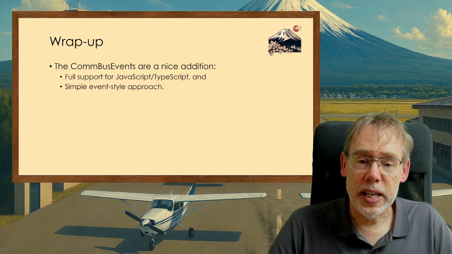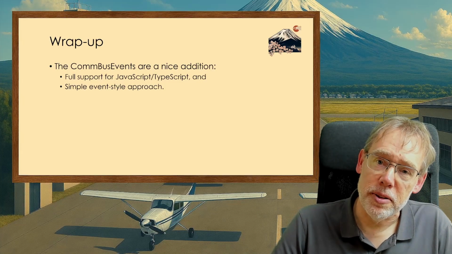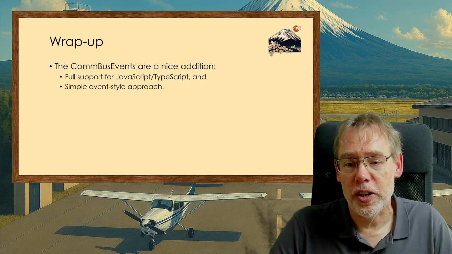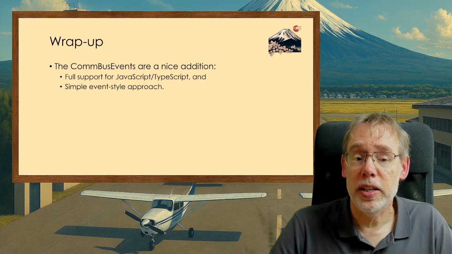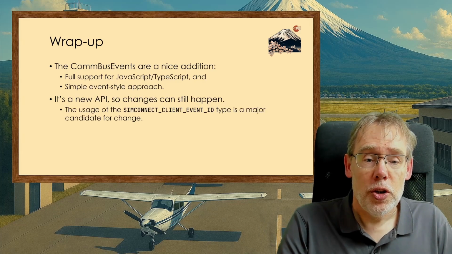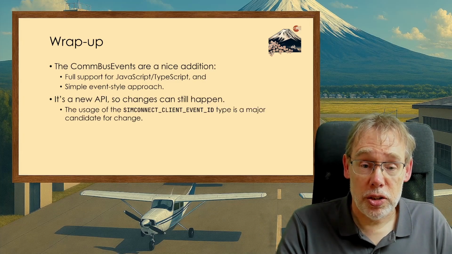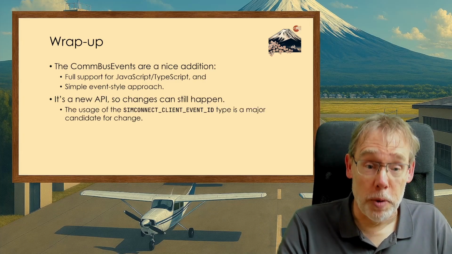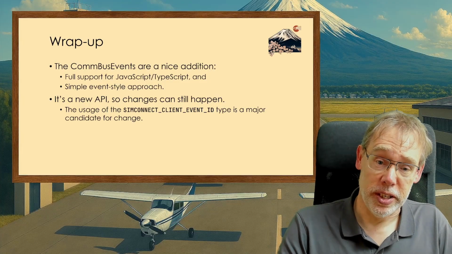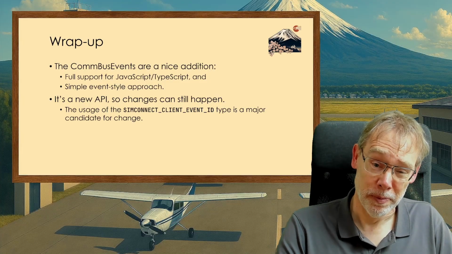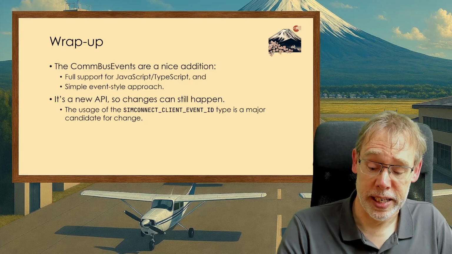If you're working in an environment where every frame counts and frames are counted in milliseconds, then it might be. It's a new API. So changes can and very probably will still happen. And especially the type client event ID is a major candidate there.